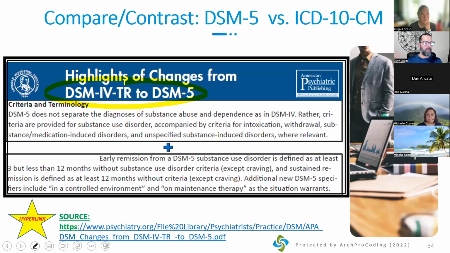For example, underneath where it says criteria and terminology, the DSM-5 does not separate the diagnoses of substance abuse and dependence, but guess what? The ICD-10 sure does. So there are differences, and we want your providers to be aware of it. I hope that the American Psychiatric Association link that I've given here will help bridge that gap a bit.